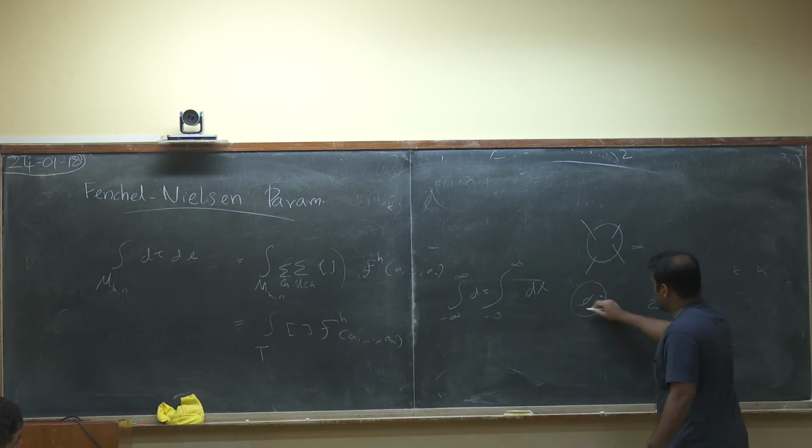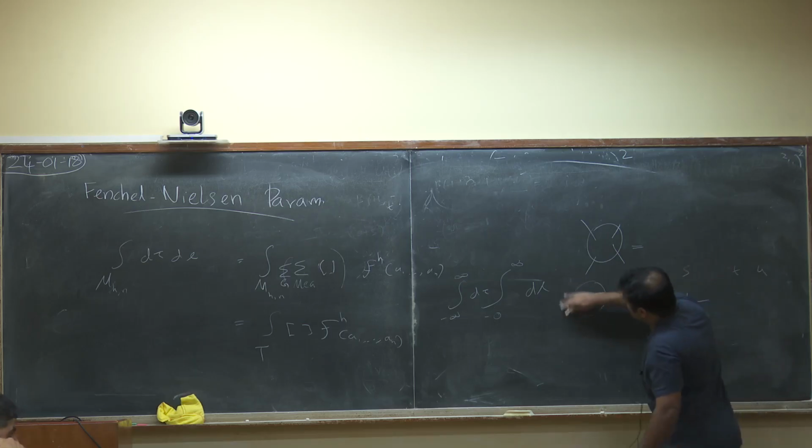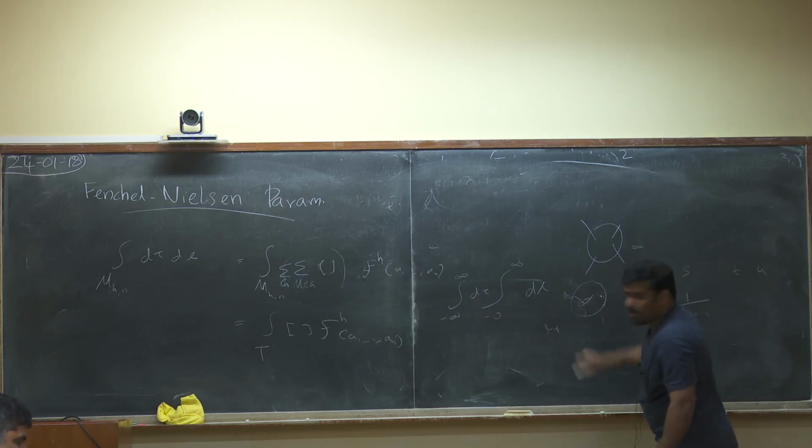I have to consider a closed geodesic on the torus, and let me denote that particular geodesic by gamma, and its length by L gamma.